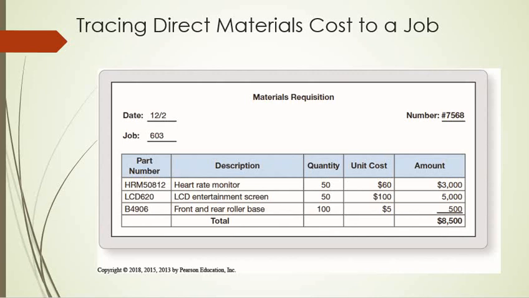This is an example of a healthcare company, looking at what they need in order to fulfill this job. Notice the number over to the far right, that's the requisition number, but then the job order cost number is over on the left. It is job number 603. So they're going to watch all the costs for job number 603.